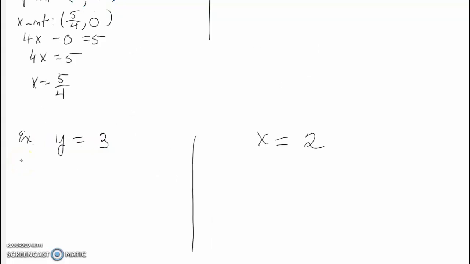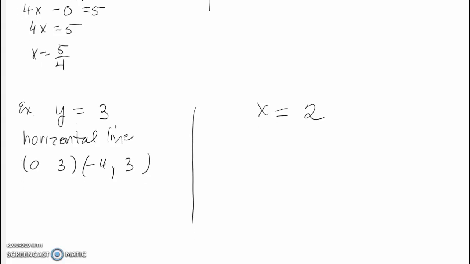All right, a note about the next two lines. y equals 3 is a horizontal line. Two points on this would be (0, 3) and (-4, 3).